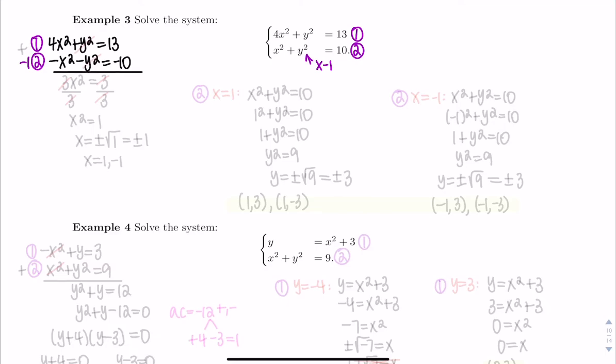So let's go ahead and add this together. 4x squared plus -x squared is 3x squared. My y squared and -y squared cancel. And 13 plus -10 is 3.